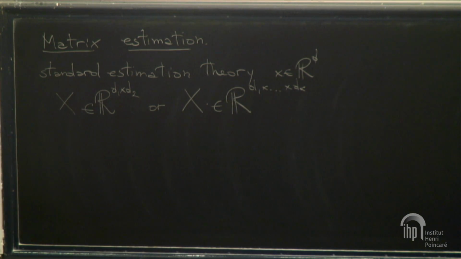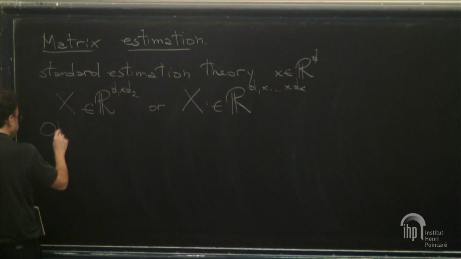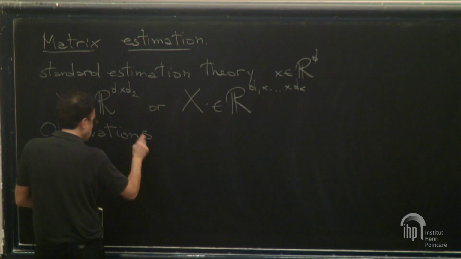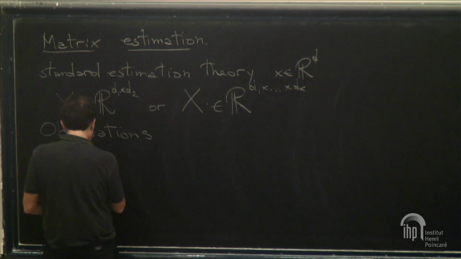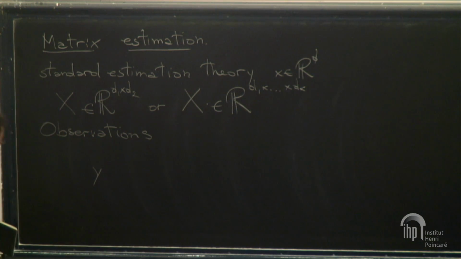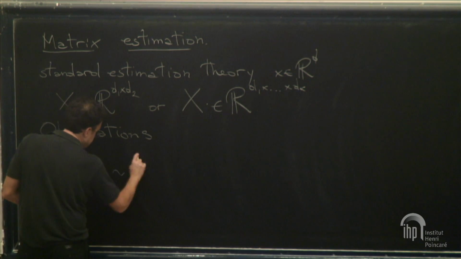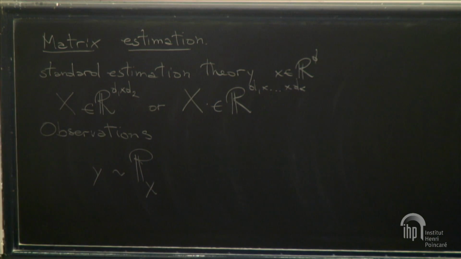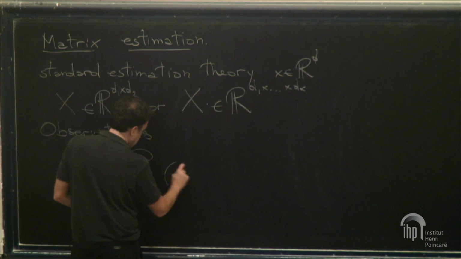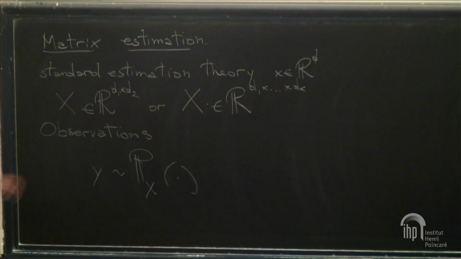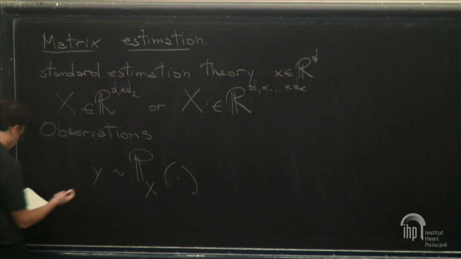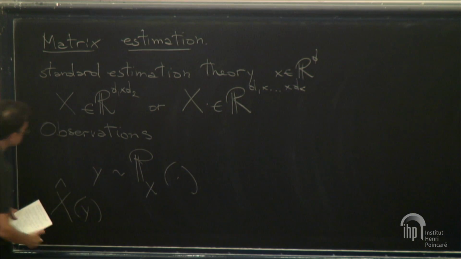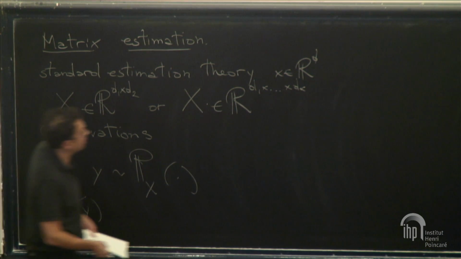And you are given observations that consist typically in a vector y that has some distribution p that is parameterized by my matrix X. And the goal is to come up with an estimator of this matrix, X hat of y, that reproduces X as well as possible.